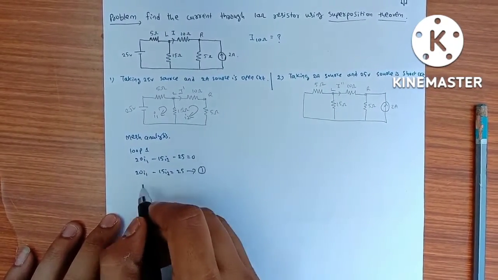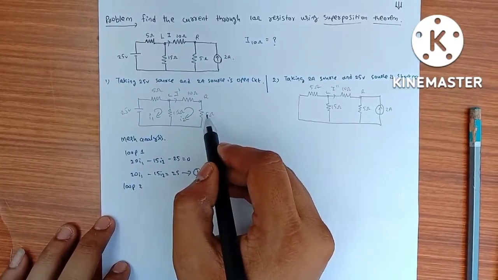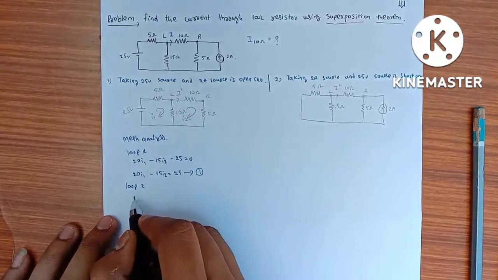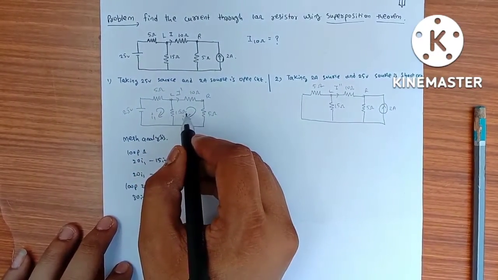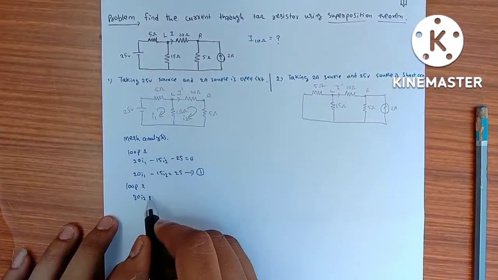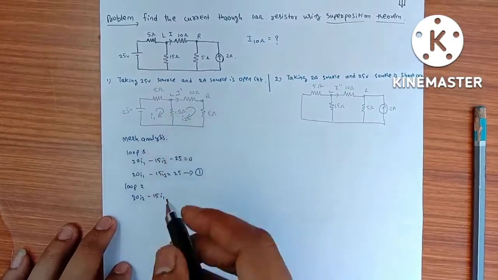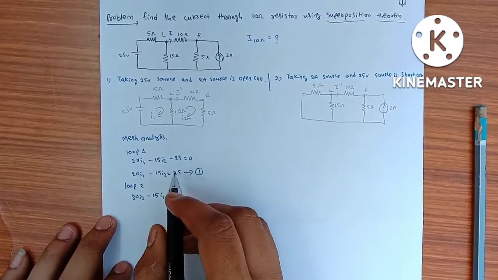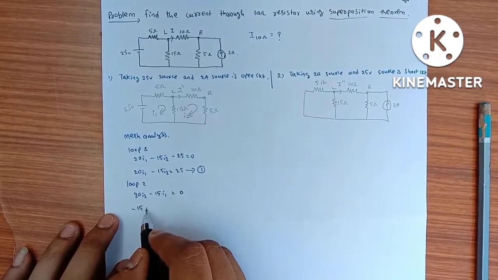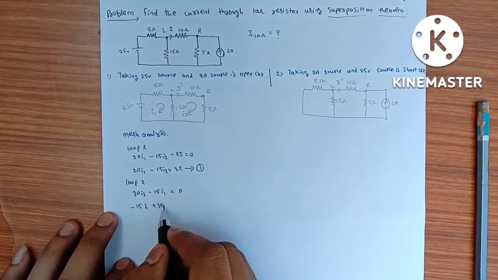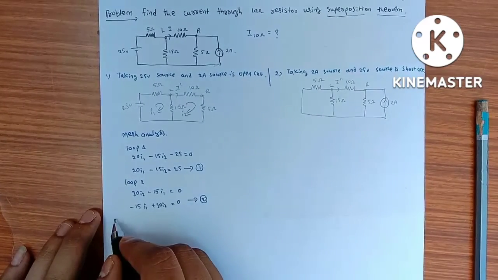Consider this as equation 1. From loop 2, 10 plus 5 is 15, 15 plus 15 is 30, 30 I2. Again this I1 affecting on the I2 loop with 15 ohms resistor, so minus 15 I1. Here there is no voltage source, so this equals 0. If we rewrite this, minus 15 I1 plus 30 I2 equals 0. Consider this as equation 2.